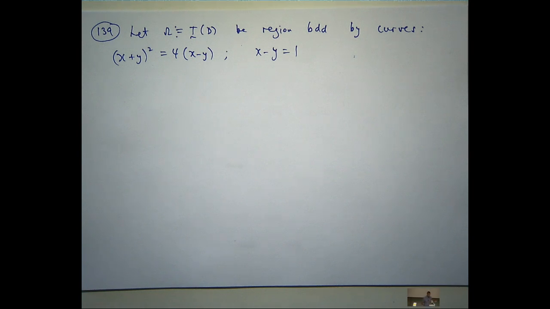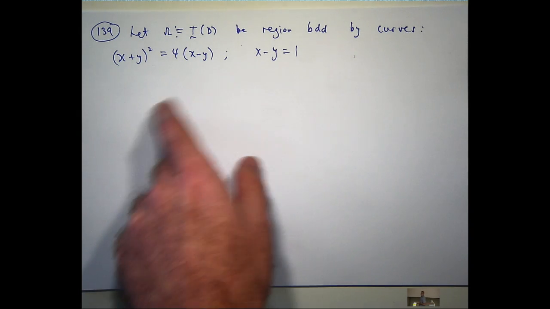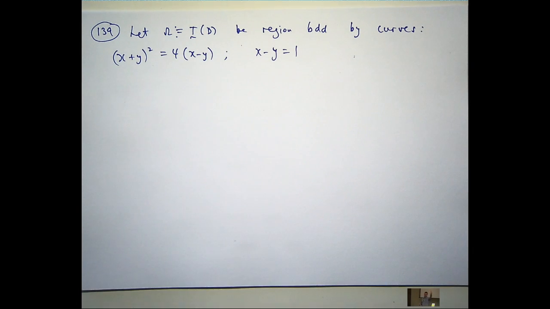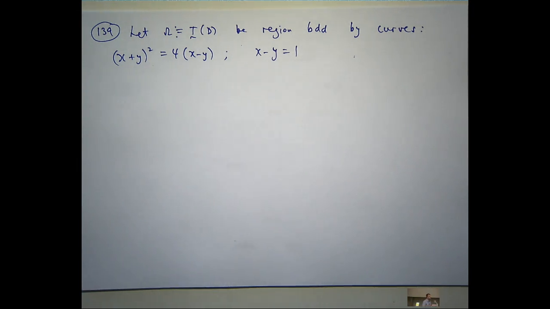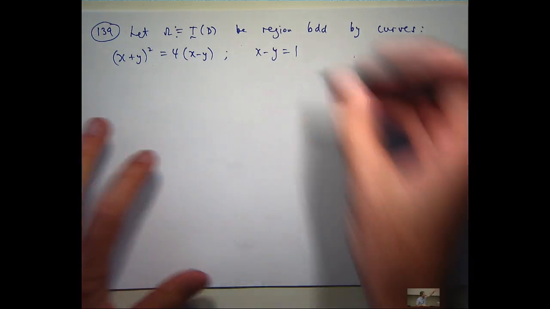And what we're asked to do is calculate the area. Well, you might think, why don't I just calculate the double integral over that area? One of the problems is that these regions may not be simple regions, so they're hard to describe in terms of regular double integrals. So let's take their advice and use the substitutions.